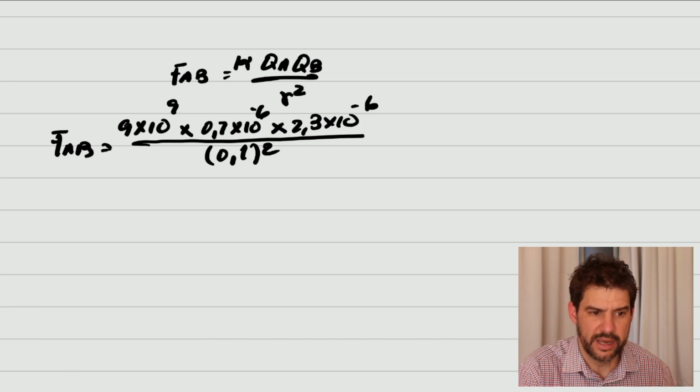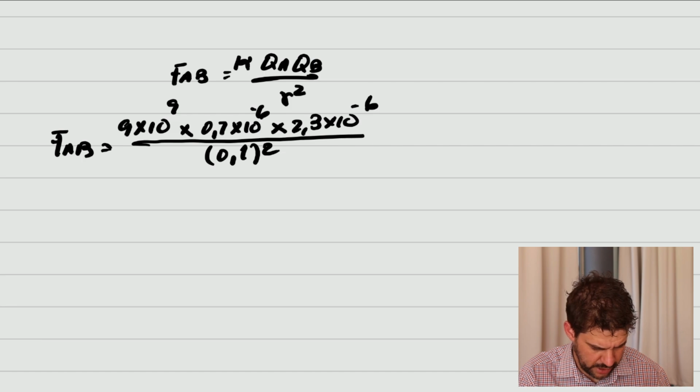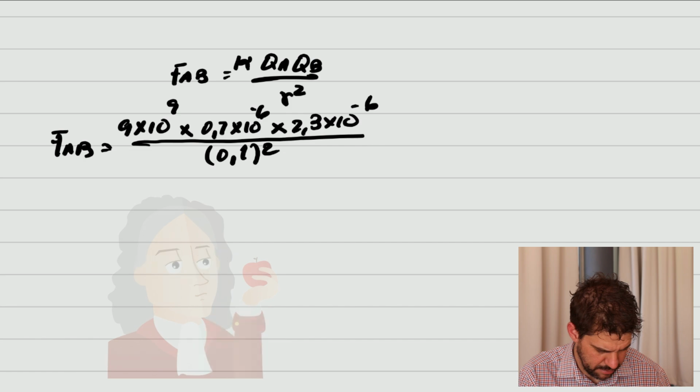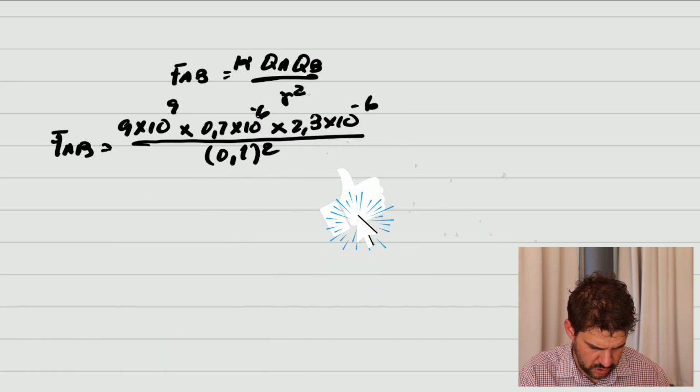You can do the calculation on the other side of the screen to see if you get the same answer as I do. So now here, 9 times 10 to the 9 times 0.7 times 10 to the minus 6, times 2.3 times 10 to the minus 6, and then divided by 0.1 squared.